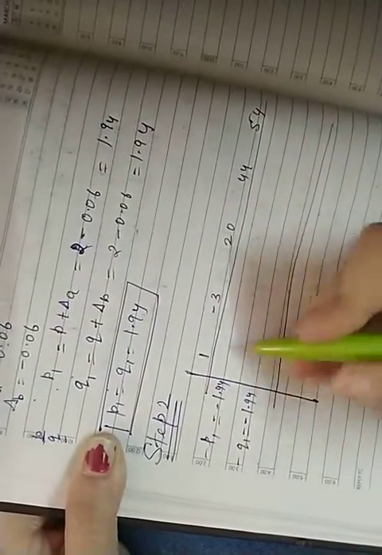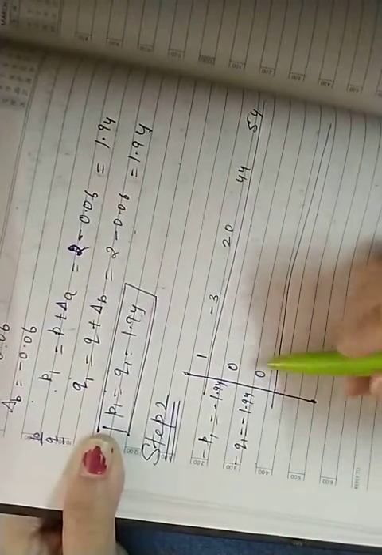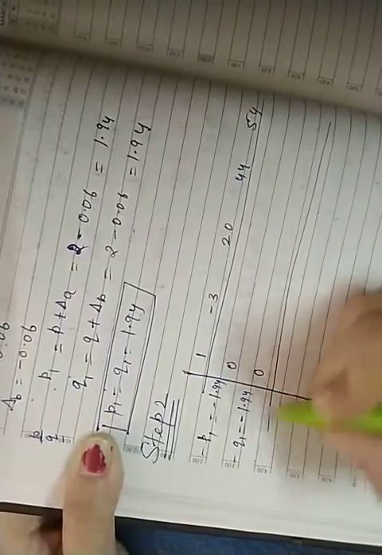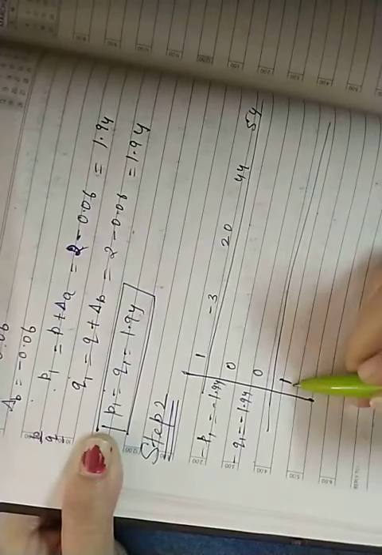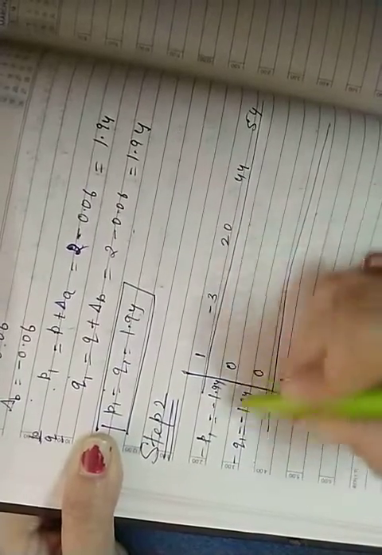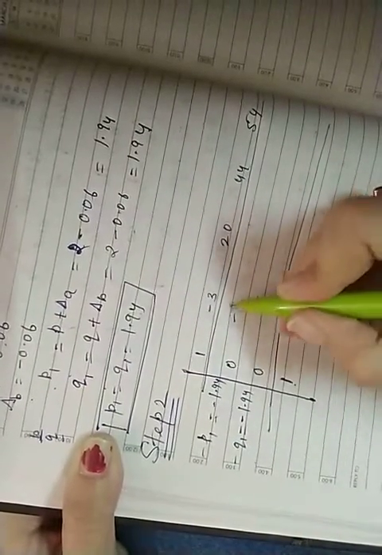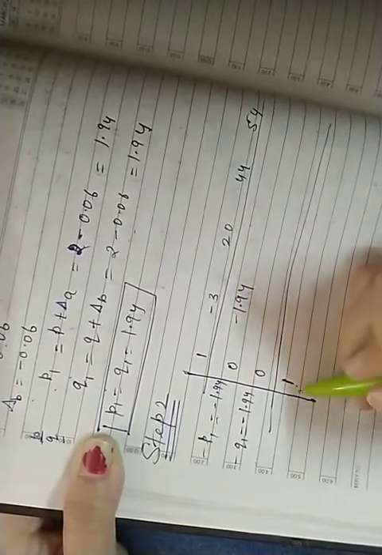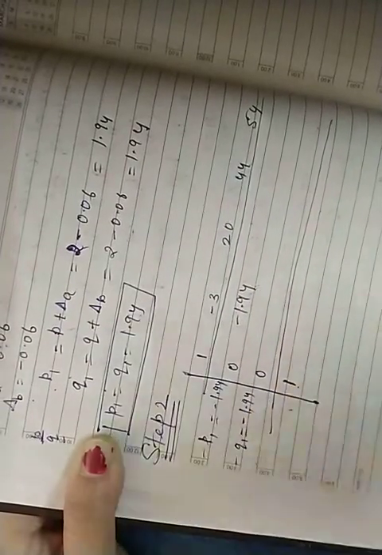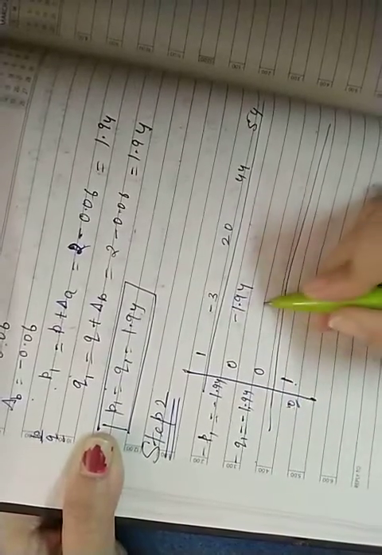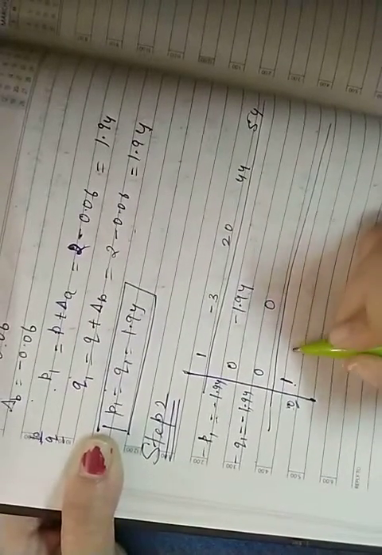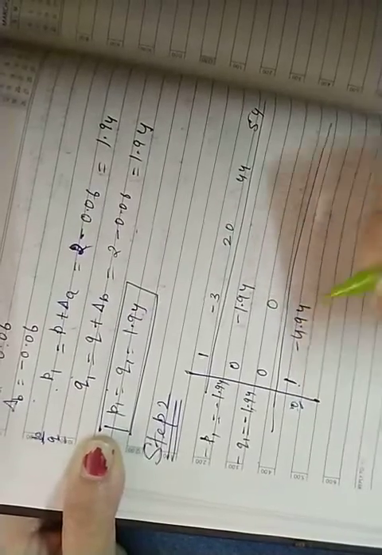Using the same process, first of all you write the initial values, multiplying this and we get 0, 0, and then adding these three values, that is 1. Multiplying the given answer with P, you write here 1 into this, and again multiplying the previous value by Q, that is 0 into this 0, and adding these three values we get 4.94.